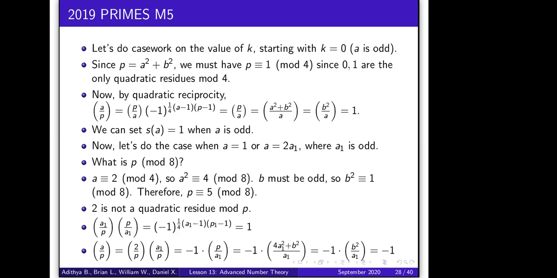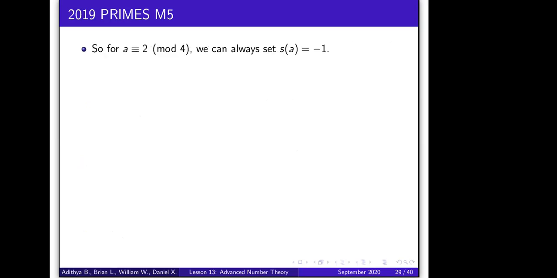And if we substitute the value of P, this is -1 times (4A1 squared plus B squared over A1), which is equal to -1 times (B squared over A1). And B squared is clearly a quadratic residue, so this whole thing is equal to -1. So we saw that when A was 2 mod 4, we can set S of A equal to -1.